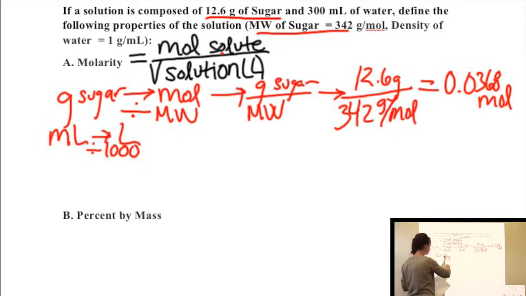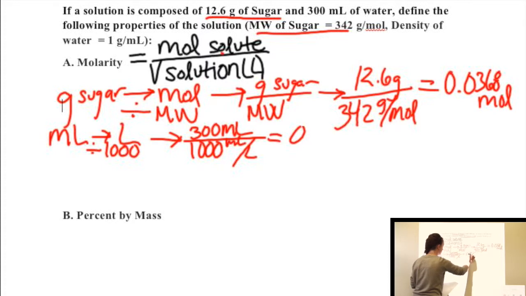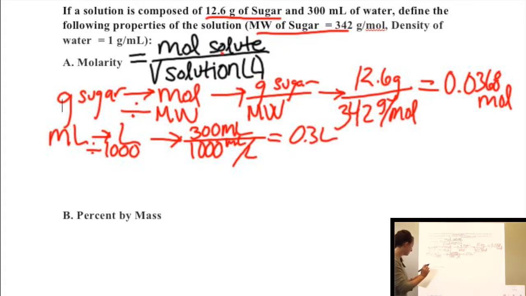So we'll get 300 milliliters over 1,000 milliliters per liter equals 0.3 liters.